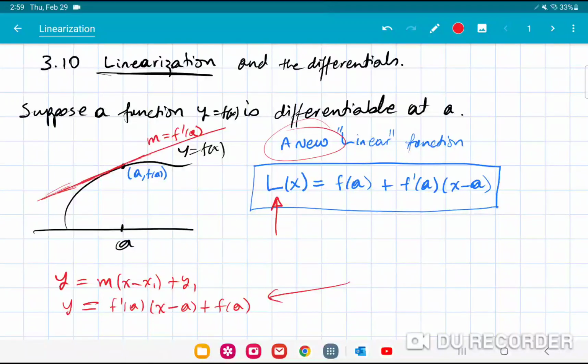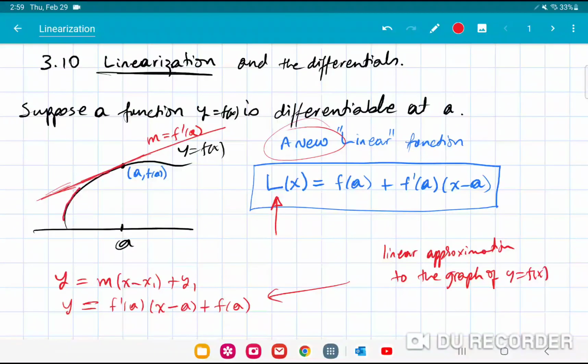But it is a linear function that's a tangent line, and this is basically the best linear approximation to the graph of y equals f of x.